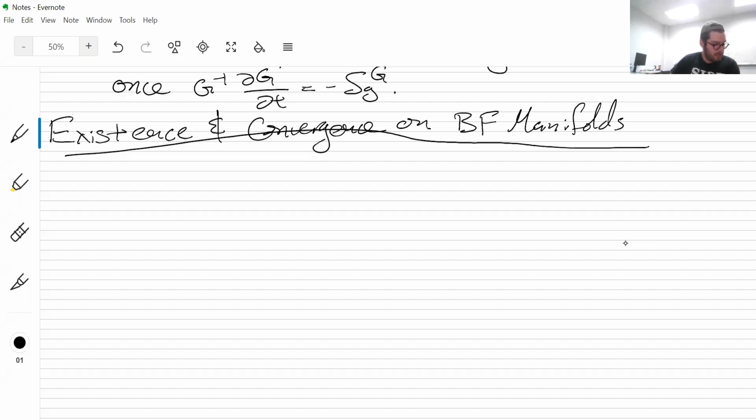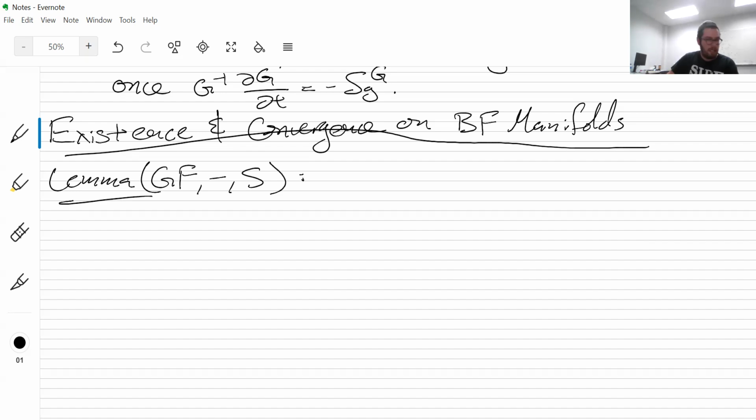A small algebraic lemma that we proved in Garcia Fernandez, Jordan, and Streets is just that controlling the big G's implies control on the little g, beta, and the epsilon of the little g's.